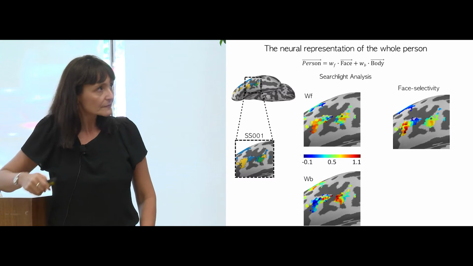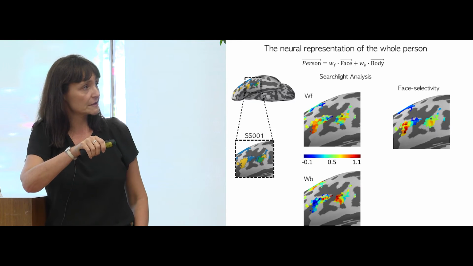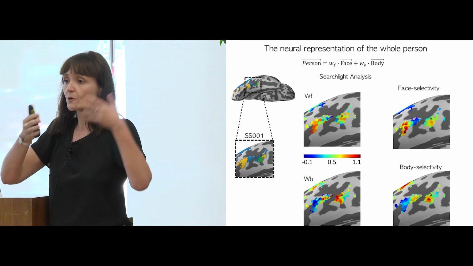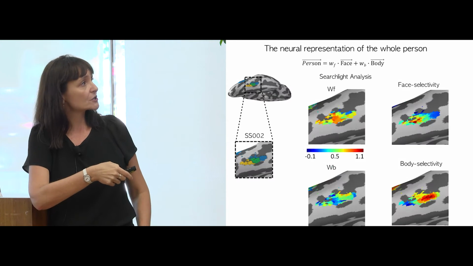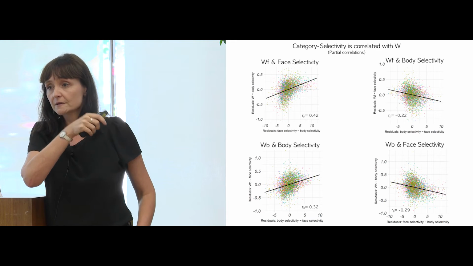So this is the face selectivity across those different areas, and you see that the face selectivity corresponds to WF, and the body selectivity corresponds to WB. And then what we did is we tried to predict the weight from both the face selectivity and the body selectivity. And you see that both of them are predicting the weights of the face and the body.